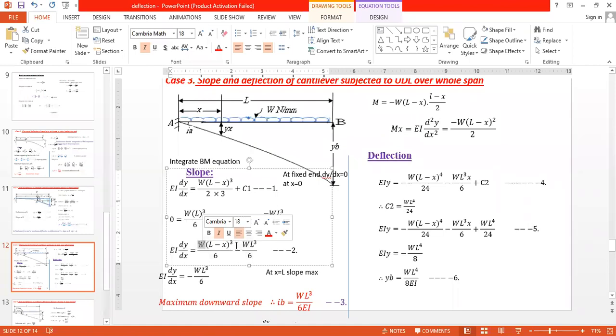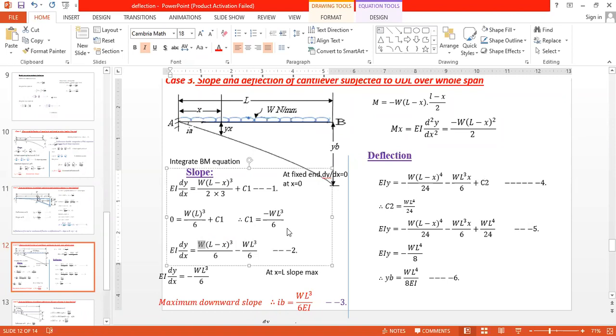Integration of (L minus x) cube is (L minus x) raised to 4 divided by 4. Here this term becomes negative because there is a minus x inside the bracket. That minus sign will make this term negative. Next, the second term is WL cube by 6 and its integration is WL cube by 6 into x. Now plus a constant of integration.